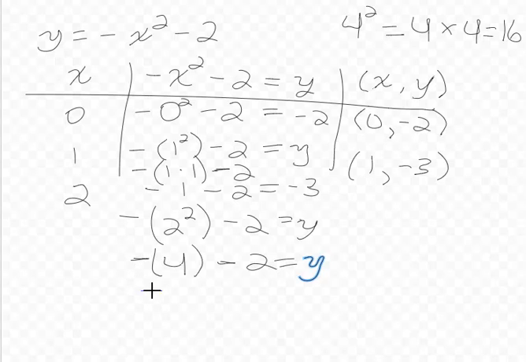So I have negative 4 minus 2. Negative 4 minus 2 is equal to negative 6. So my ordered pair is x is equal to 2, y is equal to negative 6.